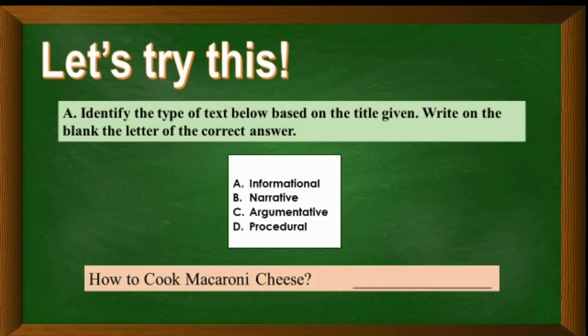The title of the text is How to Cook Macaroni Cheese. Is this A, B, C, or D? Very good. This is letter D, which is a procedural text. From the title itself, how to, meaning it will give you the steps or procedures how to cook macaroni cheese, and that's procedural text.